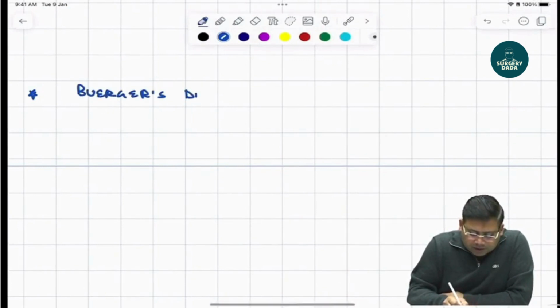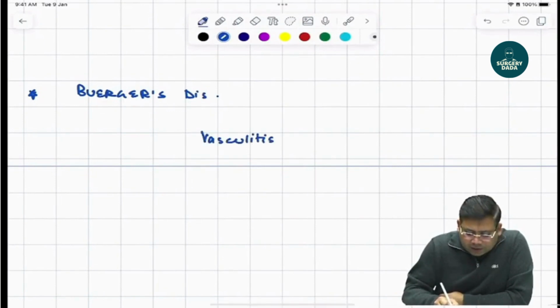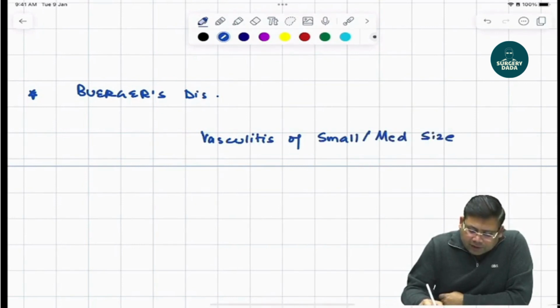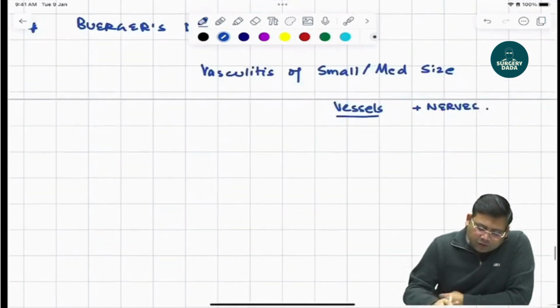It is a vasculitis of small, or you can say medium size vessels and nerves. So vessels, and along with that it's a vasculitis affecting the nerves also.